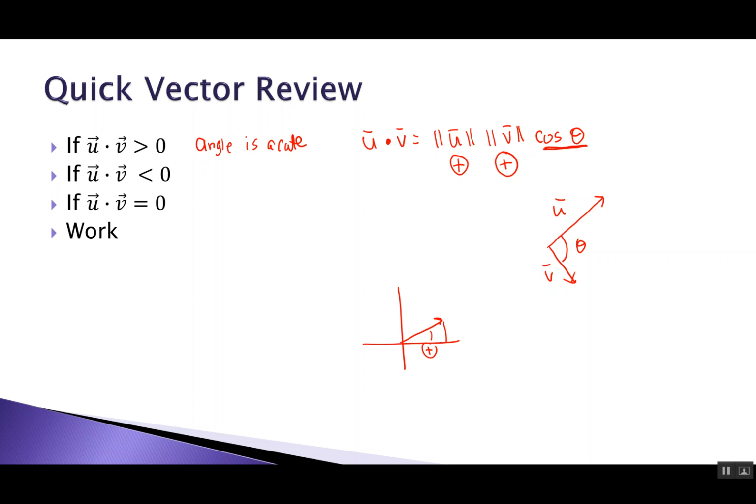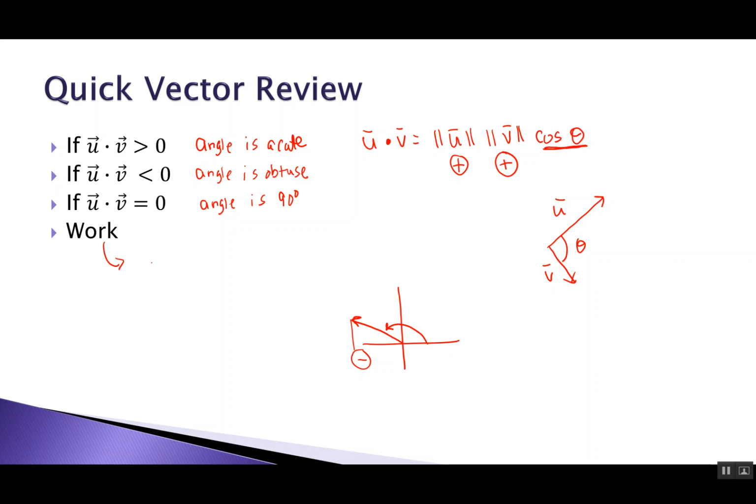If, on the other hand, you get a negative number when you dot two vectors, that means my angle has to be out around here, which means you have an obtuse angle. And if you dot two vectors and get 0, that means the vectors are perpendicular, so the angle is 90 degrees. All right?